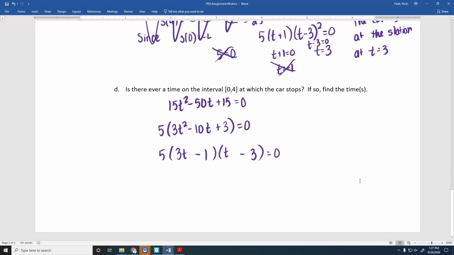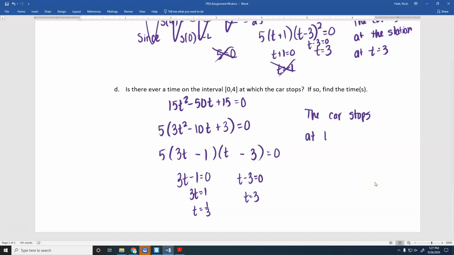Then you would set each one of those equal to 0. The 5 doesn't really matter because it doesn't have a variable with it. So that's going to be 3t equals 1, which means t equals 1/3. And then over here you got t minus 3 equals 0, so t equals 3. The car stops at t equals 1/3 and t equals 3. Does that help on that one?